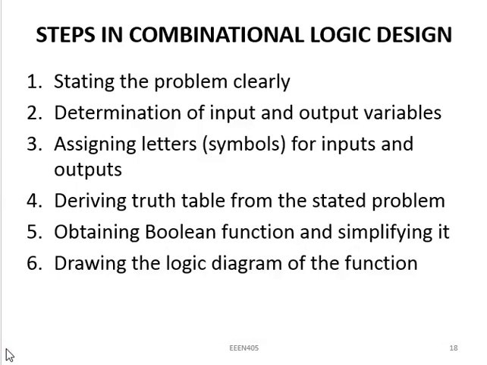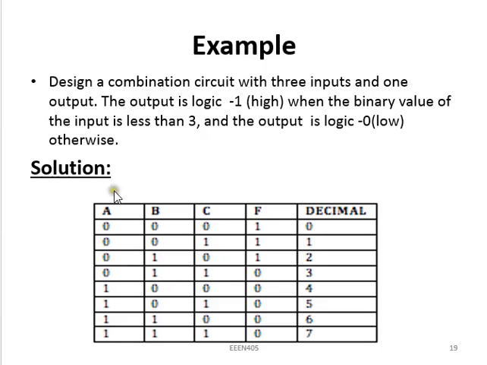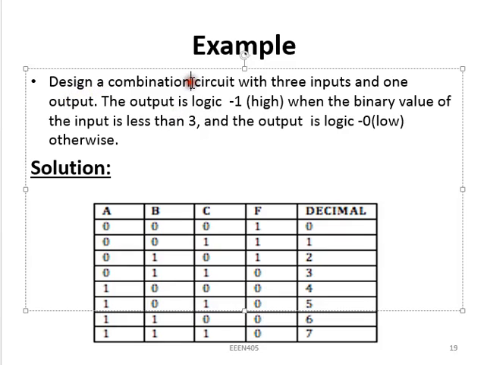Let us take a typical example to illustrate this. The example says: design a combinational circuit with 3 inputs and 1 output. The output is logic 1, that is high, when the binary value of the input is less than 3, and the output is logic low 0 otherwise, that is when you have 3 and above.